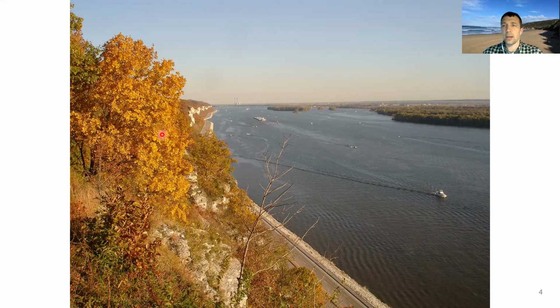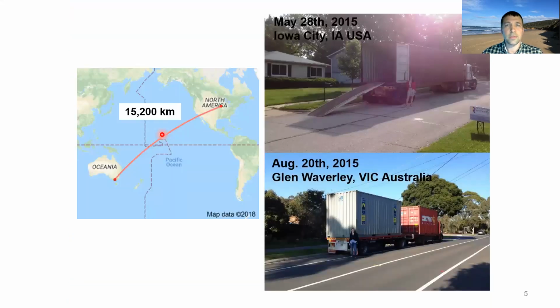I spent most of my life in the middle of America. After I went to uni, I worked for a little while in a university setting. And then in 2015, I moved to Australia. And boy, that was quite an exciting move. My family and I loaded up everything that we owned into a shipping container.